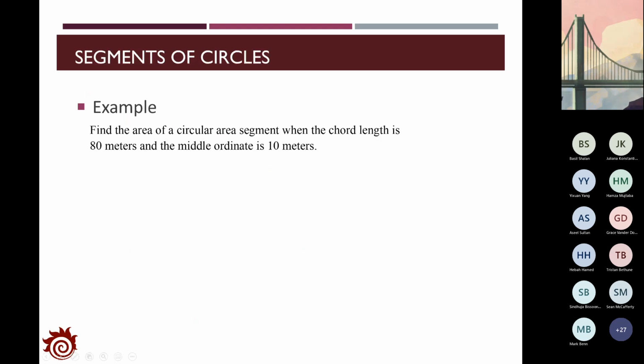So let's see another example to check how we calculate the circular area. The chord length, which would be L, is 80 meters, and the middle ordinate, which will be M, is set as 10 meters, and we want to find out the area covered by this circular segment.